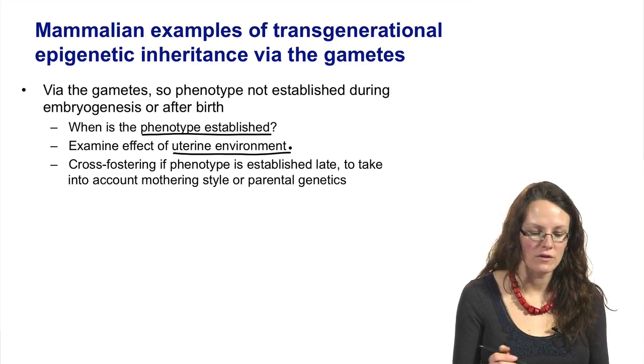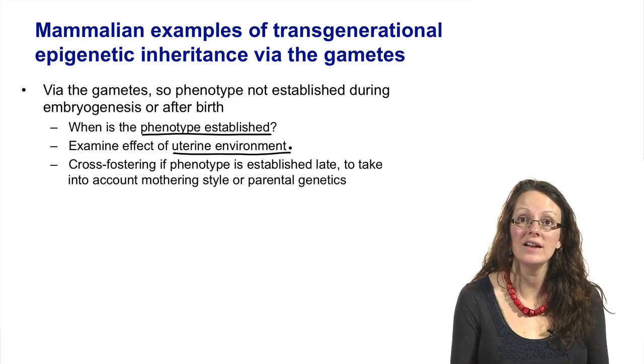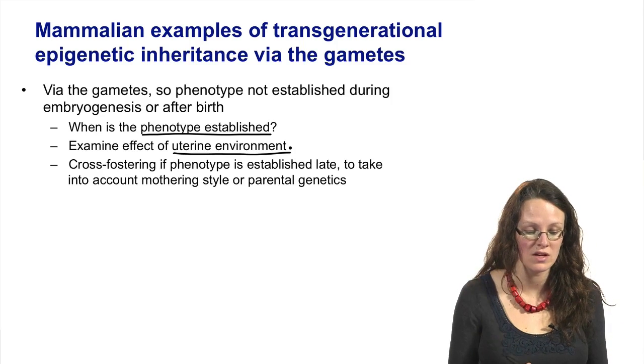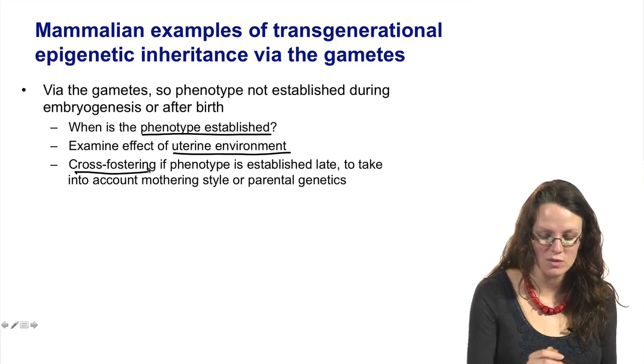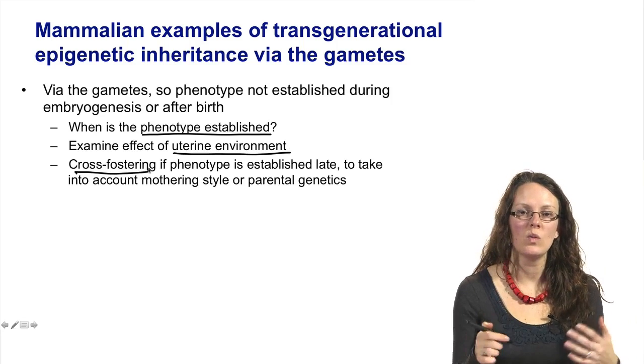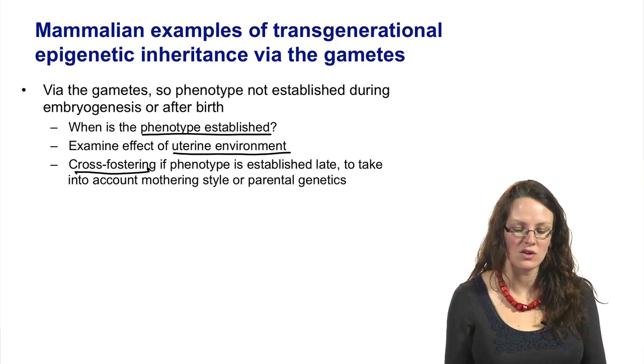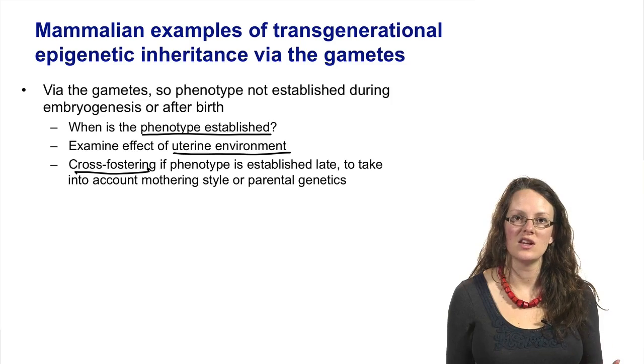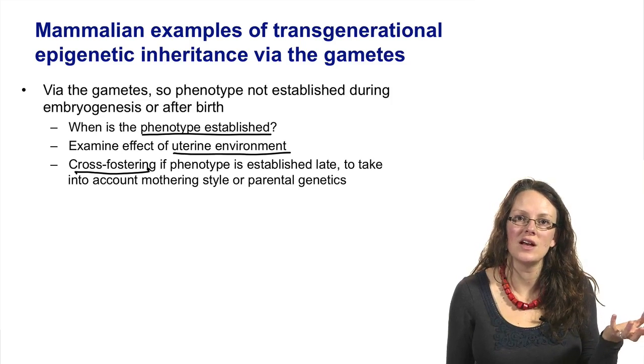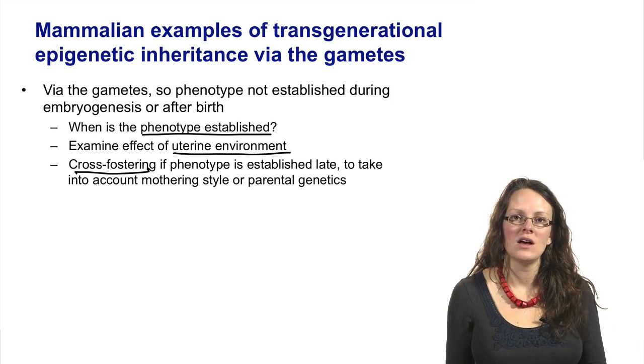We also know that if the phenotype is established late, like for the hippocampus, the maternal care and the stress response, then if you cross-foster, you can take into account whether or not this is being established, but also we can take into account parental genetics. In other words, whether it was actually an underlying genetic difference in the parents which allowed for the establishment of these different phenotypes.